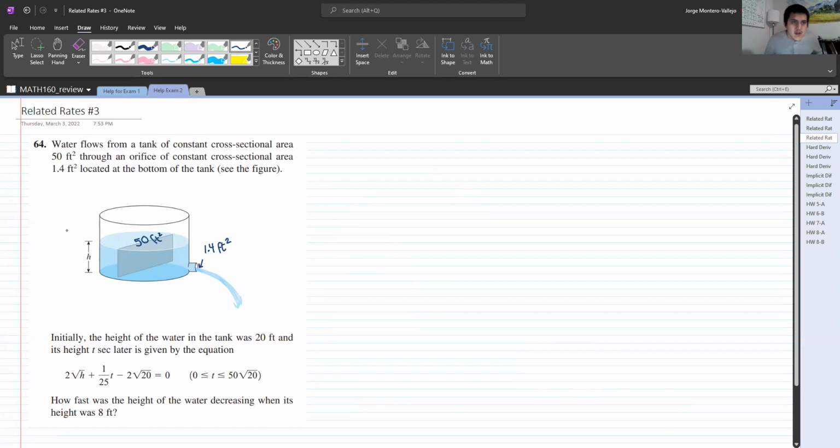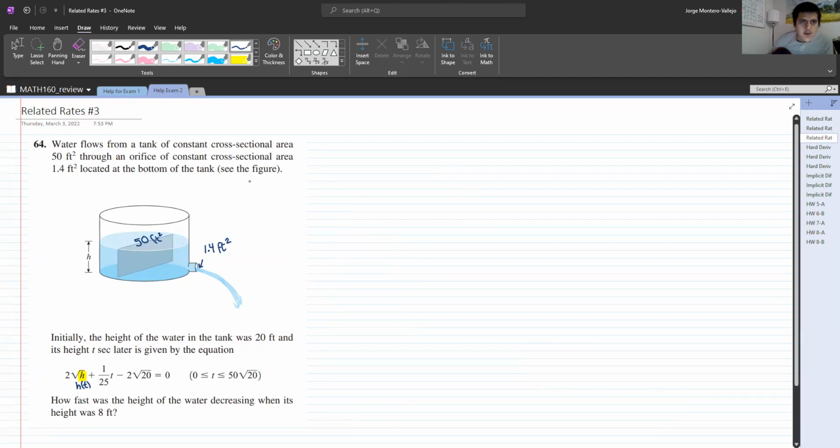Okay, so this h over here that you see is actually h of t. Okay, and you want to keep that in mind when you differentiate this equation implicitly. Okay, because then you will want to write dh/dt. Okay, so all right, so the height of the tank and t are related by this equation over here.